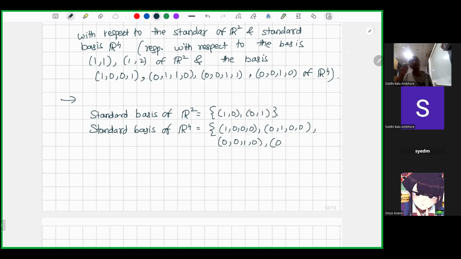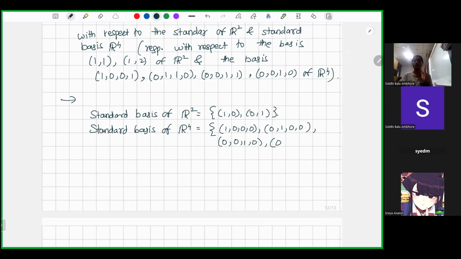And yes, when we write the matrix of this linear transformation, the sequence in which we take the basis elements also matters.